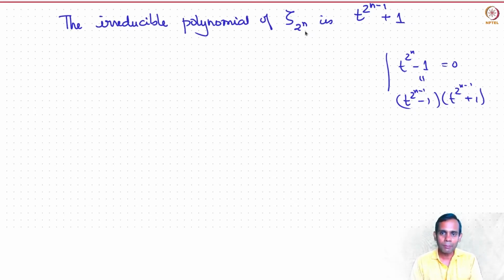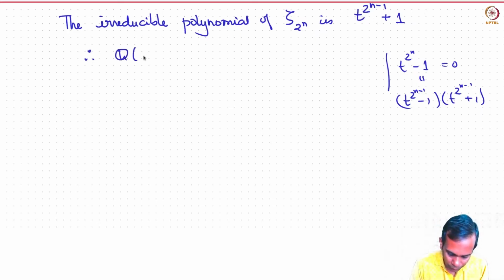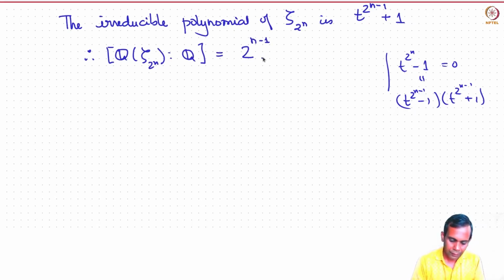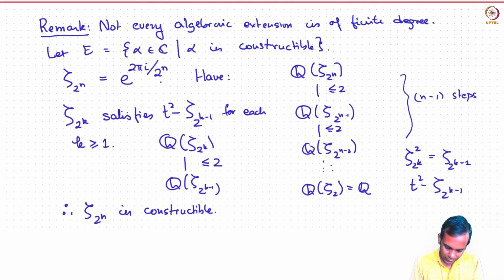So the irreducible polynomial of ζ_{2^n} is t^{2^{n-1}} + 1, and therefore [Q(ζ_{2^n}) : Q] is 2^{n-1}, which means that if we look at this field of all constructible numbers, it contains Q(ζ_{2^n}).